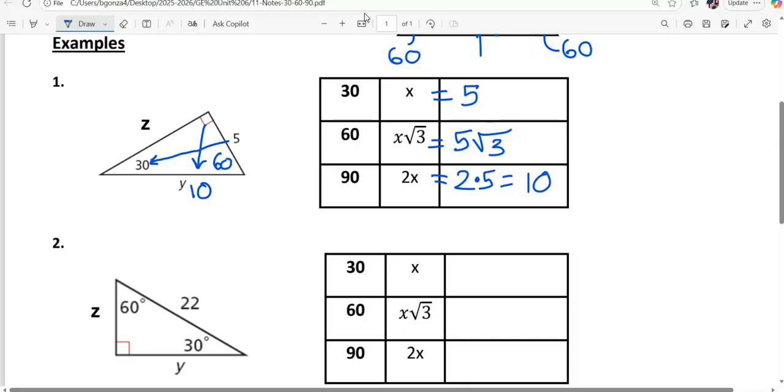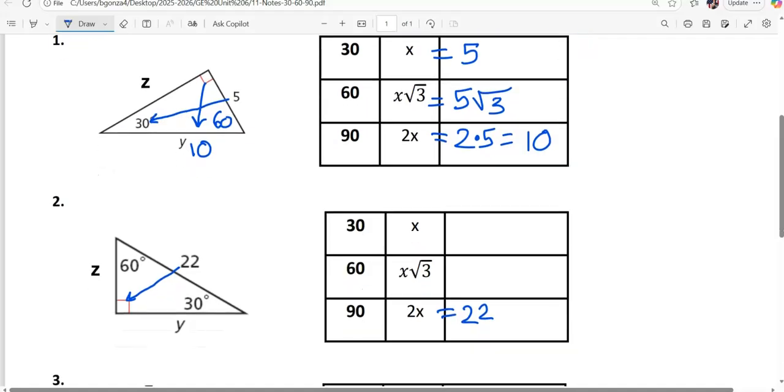All right, now, number 2. This 22 is across from what? 90. So I'm not going to put it at the top. It's going to go next to 90. This is 22. So the x is not 22. 2x equals 22. So to get x, I have to get rid of that 2 by dividing by 2. 22 divided by 2 is 11. Half of 22.